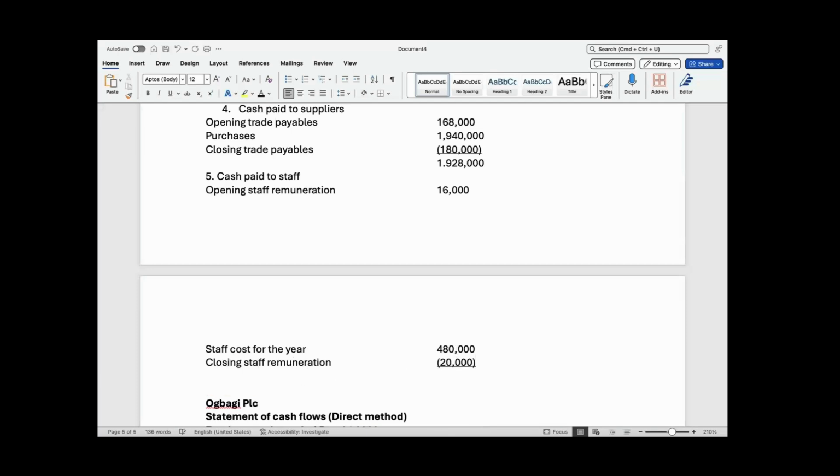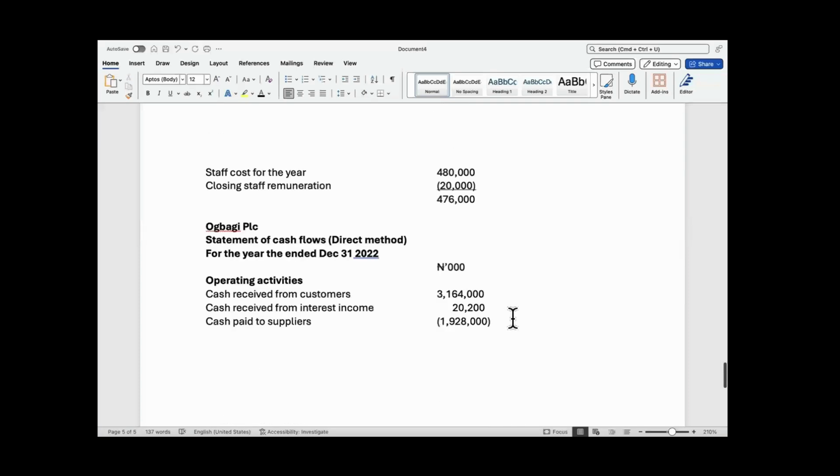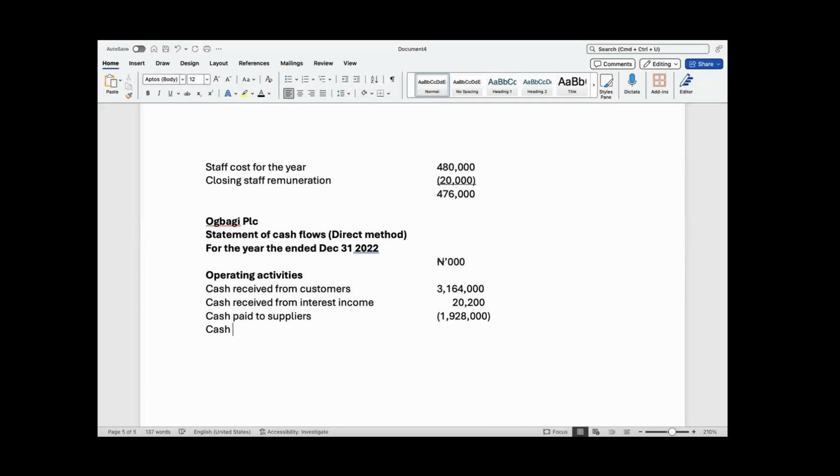It's 20,000. So it's 476,000. Can you confirm? That's it. So I go to this one, cash paid to staff. It will be an outflow for 476,000.